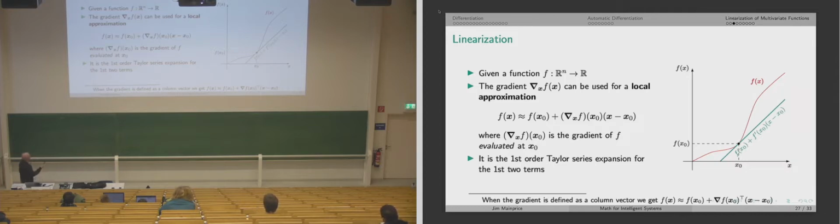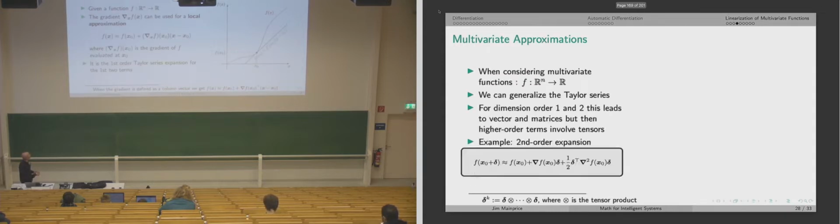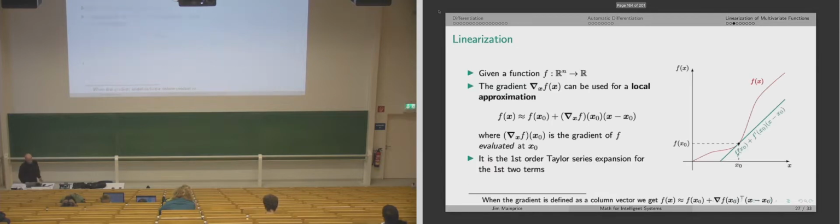If we would express this in the same way, we would have f of x0 plus delta. Here we can just remain f of x0, and there we would have the gradient times delta. So this is what we have.